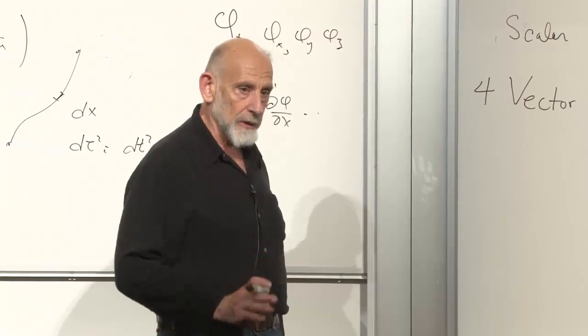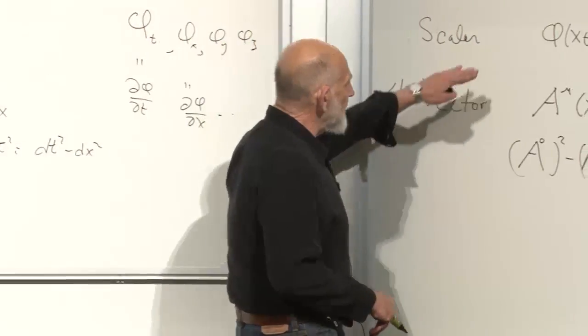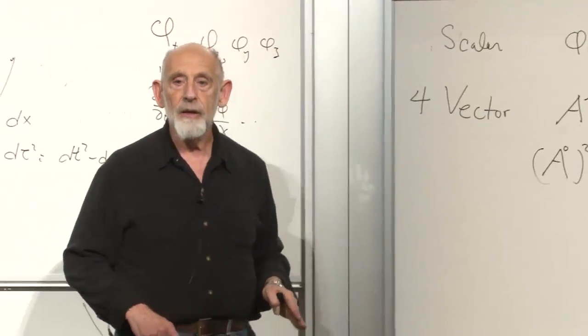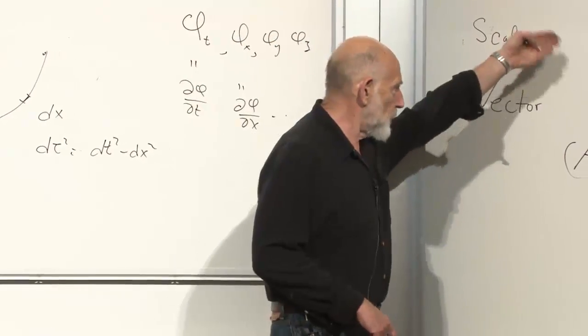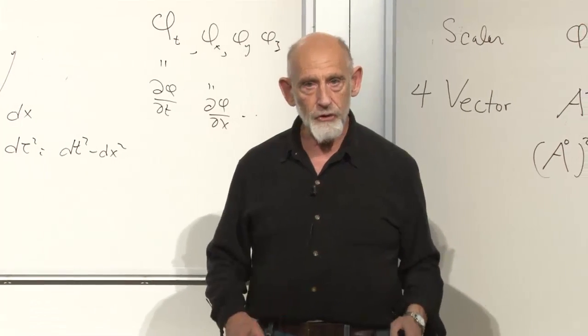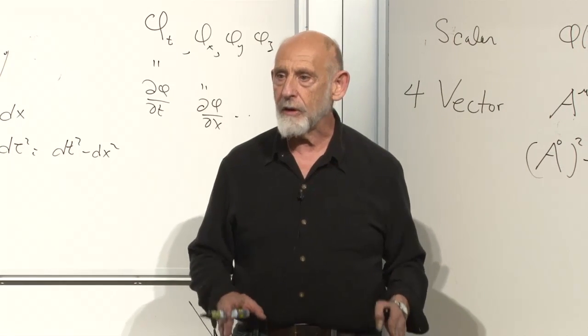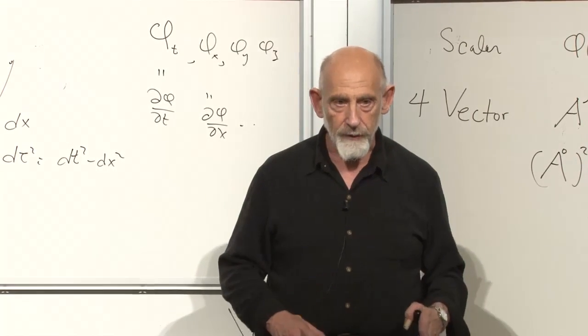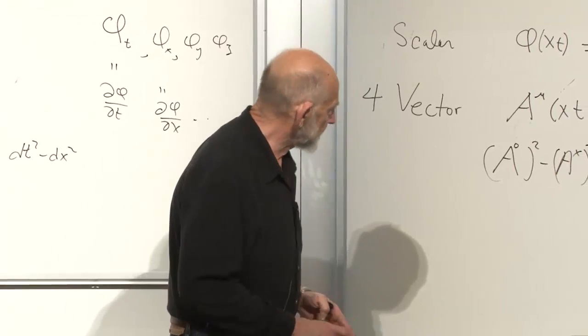The last point is that given a scalar, you can construct a 4 vector out of it, not by just looking at it, but by differentiating it. By differentiating it with respect to the 4 components of space and time, those 4 derivatives form a 4 vector.